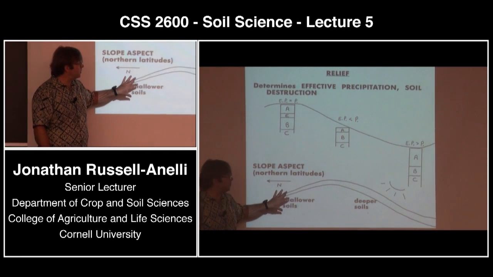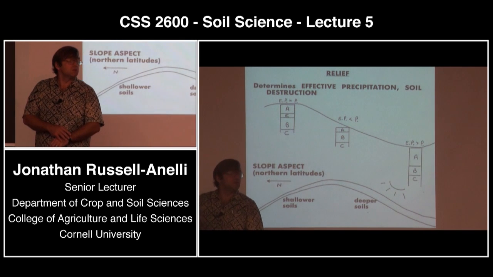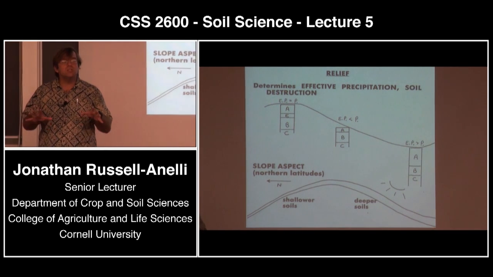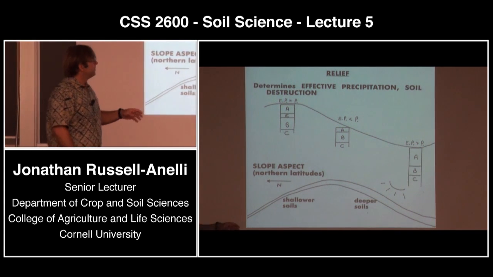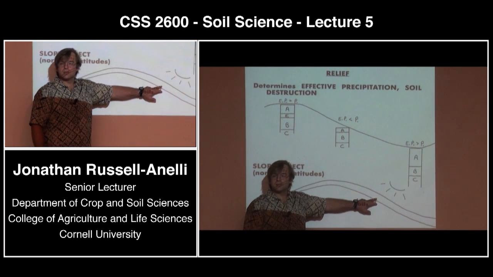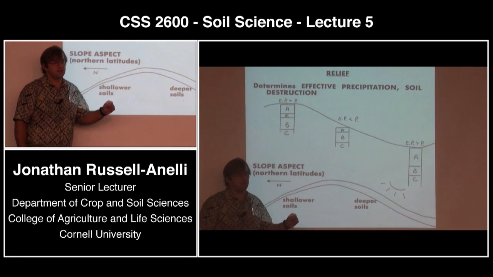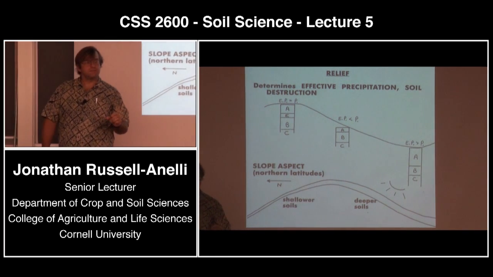If I have different plant species on this side than this side, those plants could be interacting with the soil differently. But in general, the soils on the southern side of the slopes are deeper than on the northern side. Does that make sense?